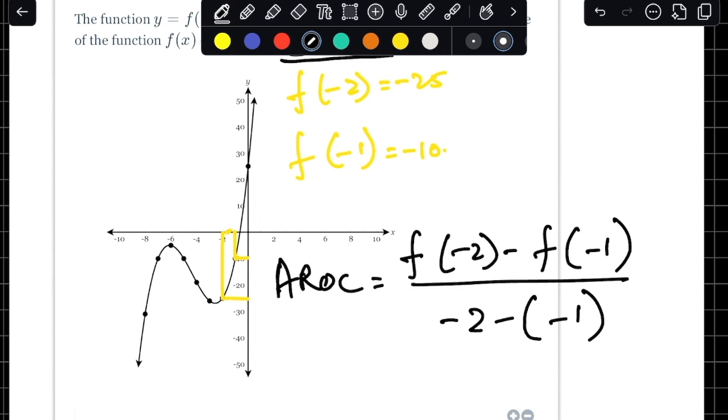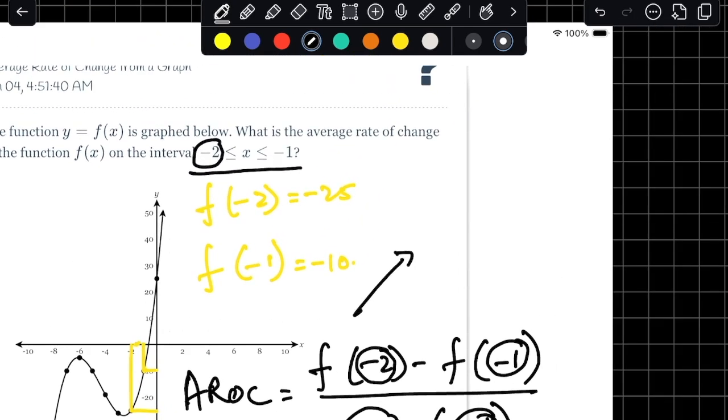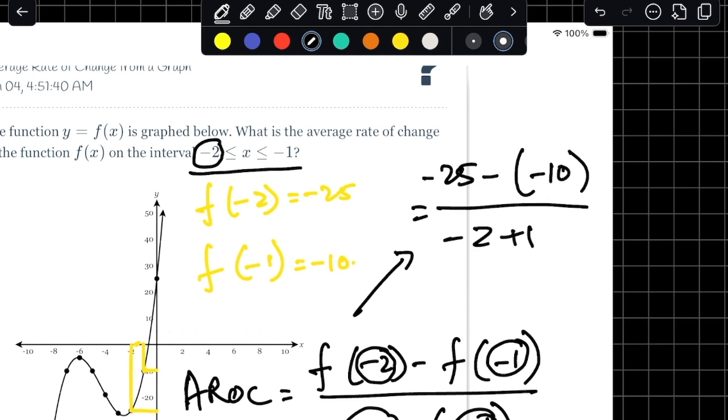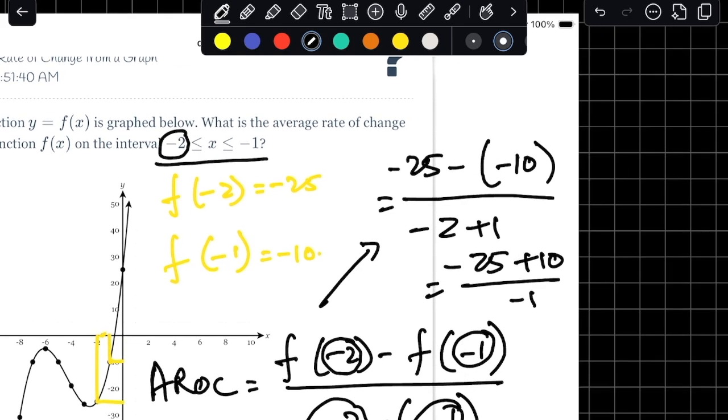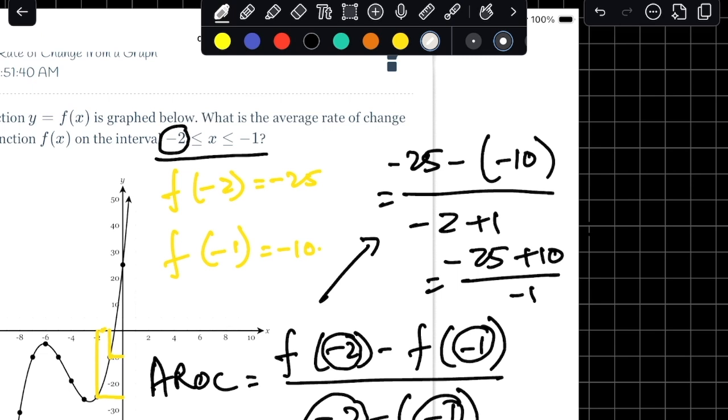Remember, this -2 comes from here, and this -1 comes from here, and this is the minus in the formula. If I plug in the values, I will get -25 minus f of -1, which is -10, over -2 plus 1. So that is -25 plus 10 over -1, which is -15 over -1, which is 15. The answer is 15.